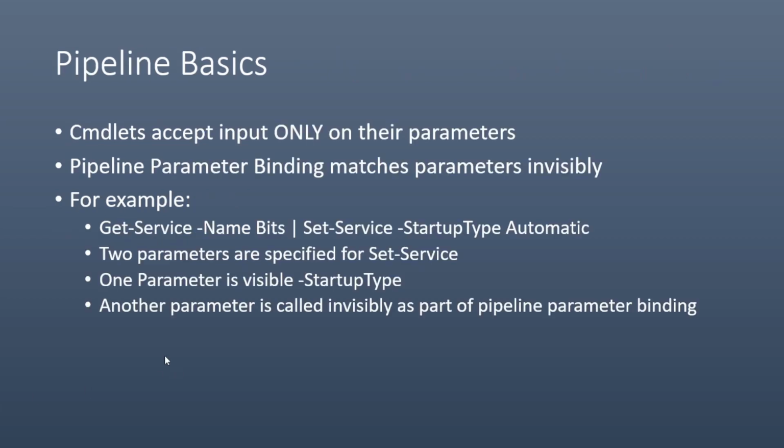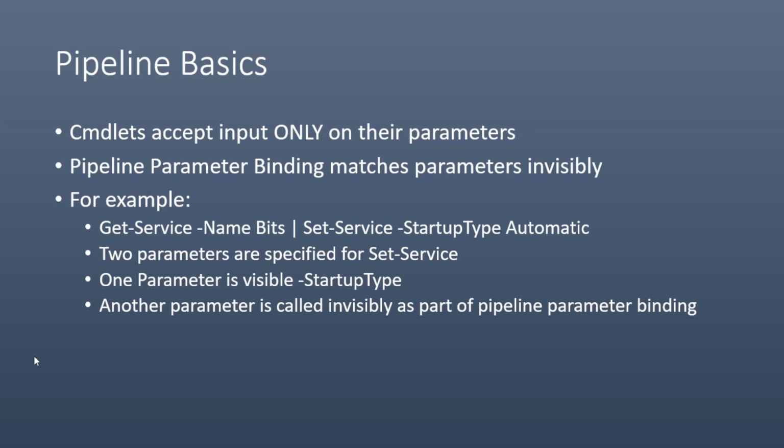So to start off here, we need to talk a bit about pipeline basics. When you are running a command or a series of commands, when data is being piped from one to another, commandlets accept input only onto their parameters.